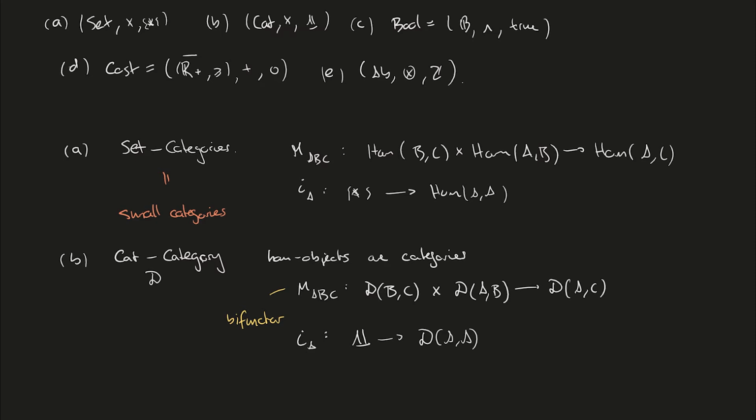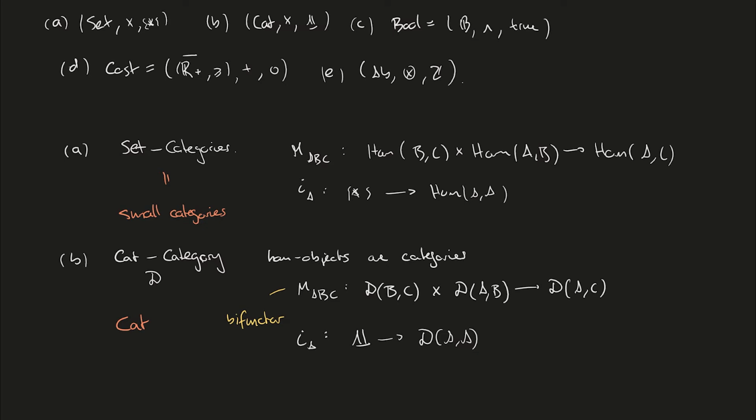Finally, these maps need to satisfy the two diagrams, that's associativity and unitality, and this concludes what we need for a Cat category. Now, one example of a Cat category is the category of small categories itself. So Cat is itself a Cat category, and this is because we have objects, and between any two objects we have a category of morphisms.